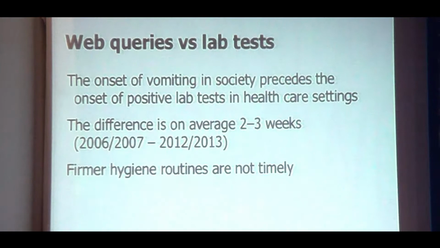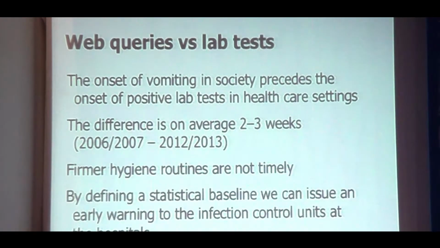So at the same time when we did this investigation, we also sent a questionnaire to the infection control teams at the hospitals in the country. And what we found was that most of the infection control teams wouldn't put any firmer hygiene routines in place unless there'd already been an outbreak, or they would do that at a particular date regardless of what reality would look like, which means that you risk that compliance will decline already before you've had any spread of the virus.